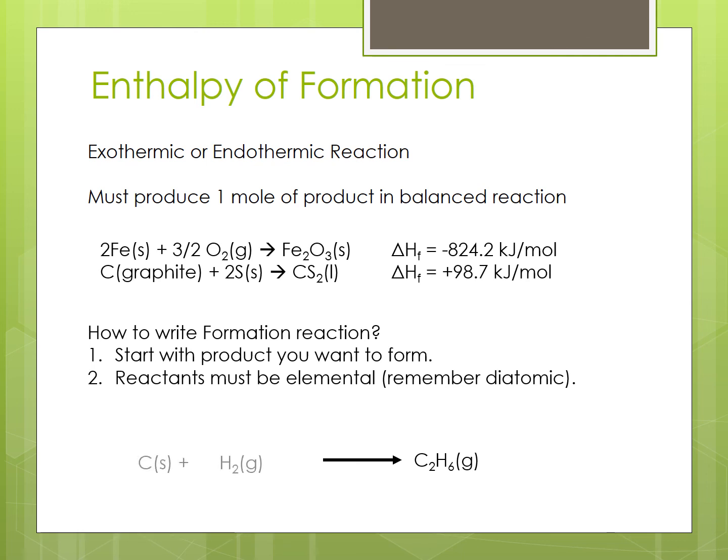So you know you need carbon and you need hydrogen. Hydrogen's diatomic, so you gotta make sure you put H2. And then lastly, you gotta make sure you balance it, making sure that the product is 1 mole. So you might have to use fractions. In this case, you don't, because you need 2 carbons, because there's 2 carbons on the product side, and you need 3 H2s because there's 6 H's on the product side.